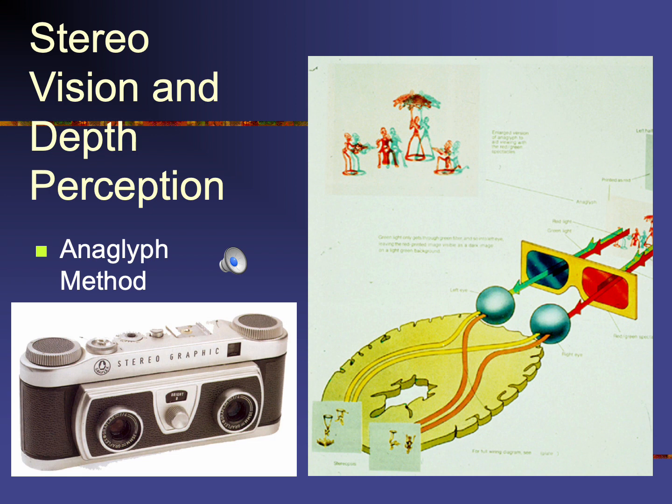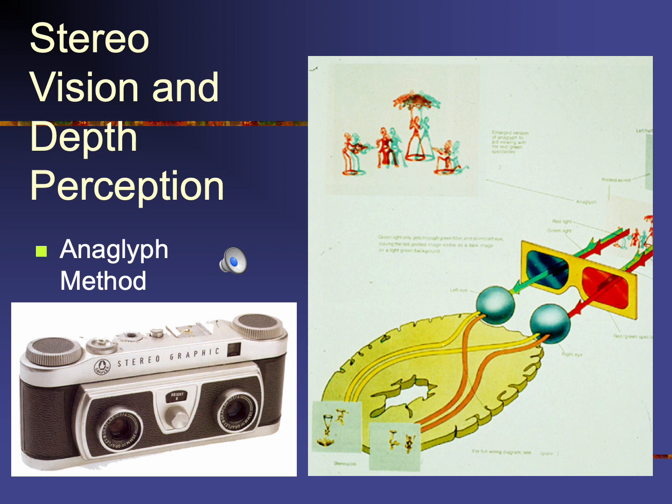So what was invented was this method of using colored filters to separate two images so that you see them independently, or your brain does, and it formulates a 3D image. Each of the two images is printed on a piece of paper in two different colors. The image from the left lens, which is going to go in the left eye, is printed as red.